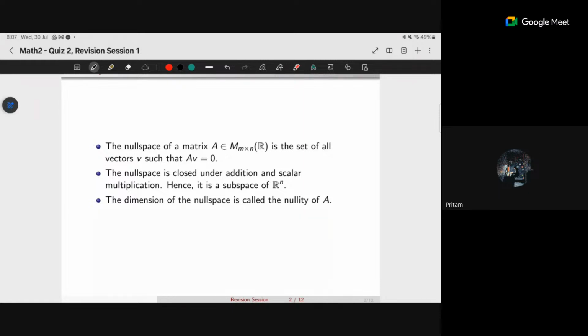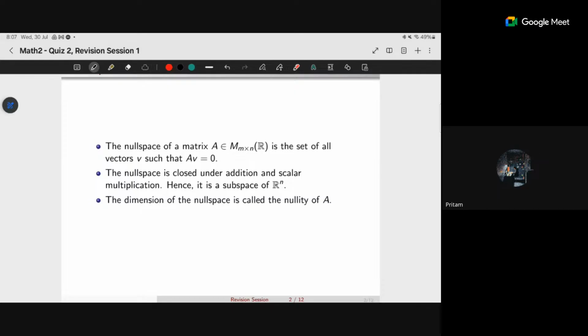Now, how to solve a homogeneous system of equations, whether it is a square coefficient matrix or a rectangular coefficient matrix, that is known. Just do row operations, get it into the REF, and then there is an algorithmic way to go about doing it. So why do we have this specifically as the null space?